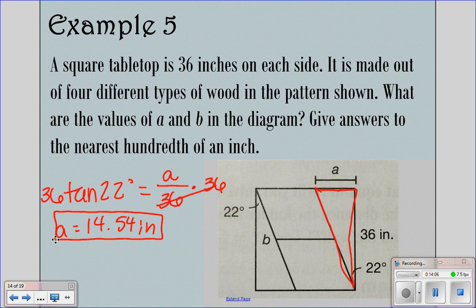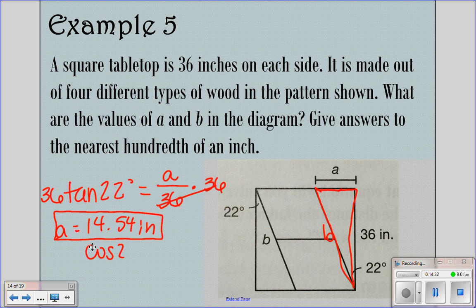Now for B. B is the hypotenuse. Since we have the same angle, 22, it's also the hypotenuse of this triangle here. So I've got 36 and I've got B. That is my adjacent and my hypotenuse. The one that uses adjacent and hypotenuse is cosine.